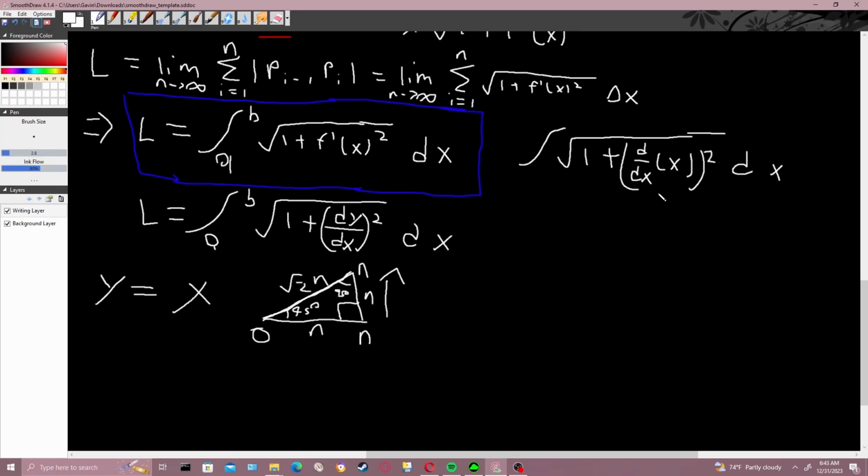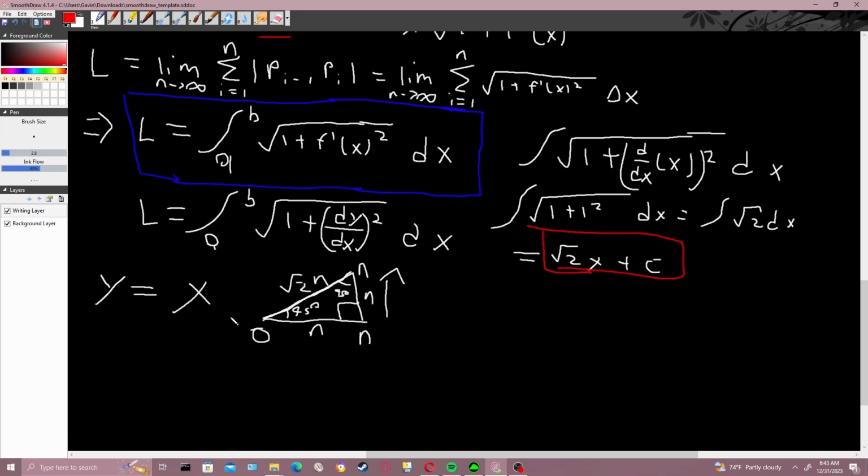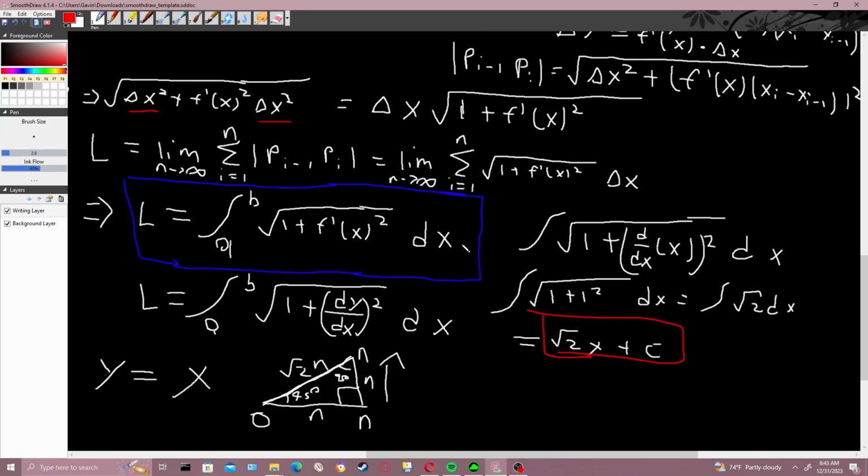What is the derivative of x? It's 1. And we'll see the square root of 1 plus 1 squared integrated dx equals the integral of the square root of 2 dx equals square root 2 x plus c. And boom, that is exactly what we derived.